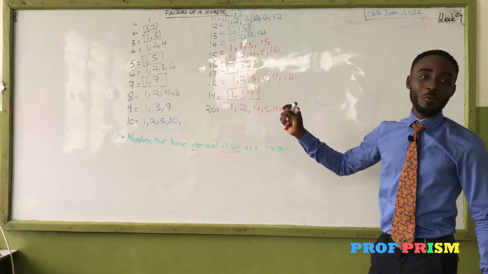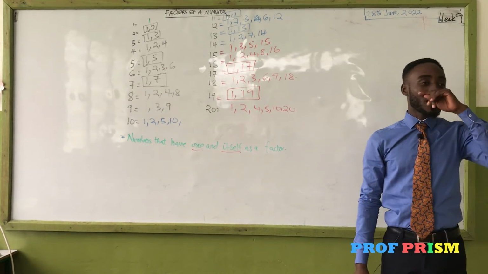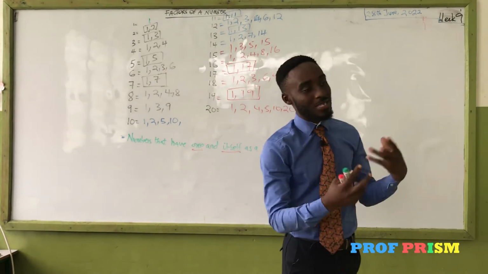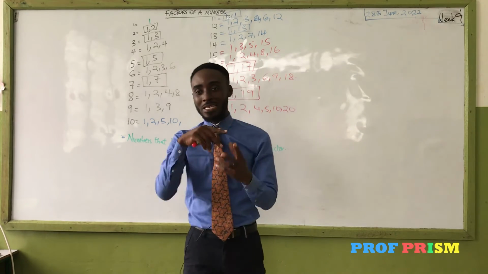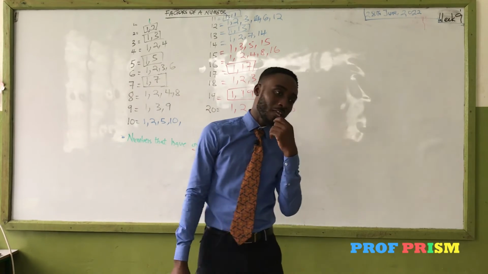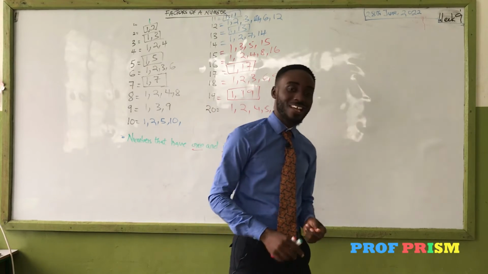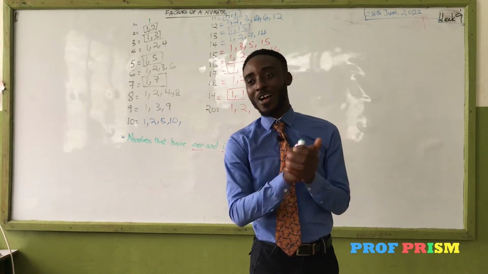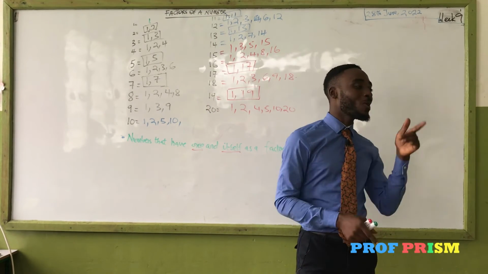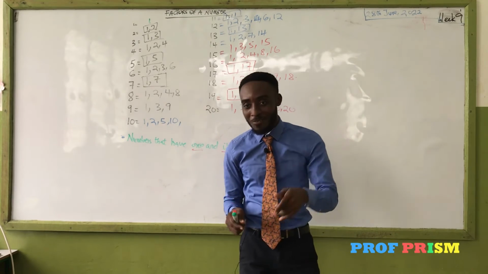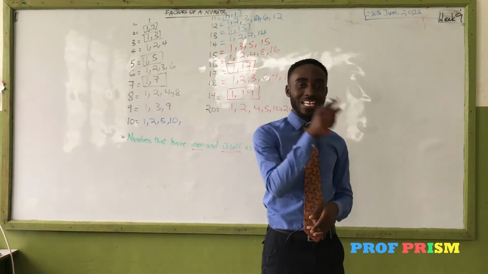All right, so we'll learn another song in this form too. It's like a Christmas song. I will try to remix it in a beautiful way. Prime numbers have only 2 factors. Composite numbers have more than 2 factors.